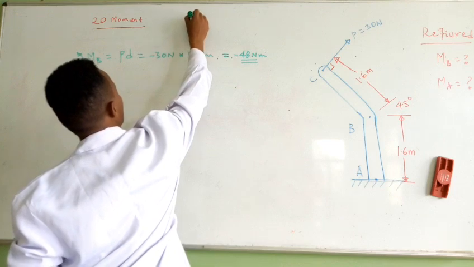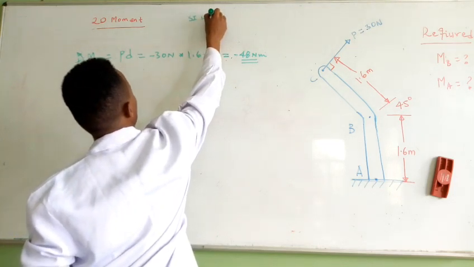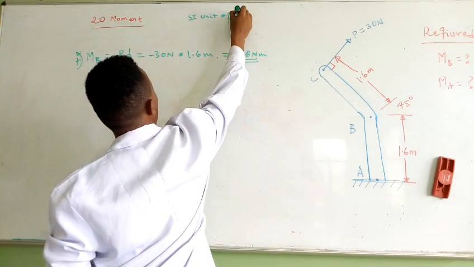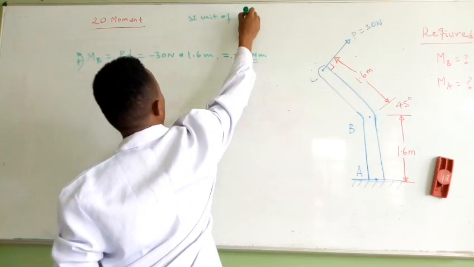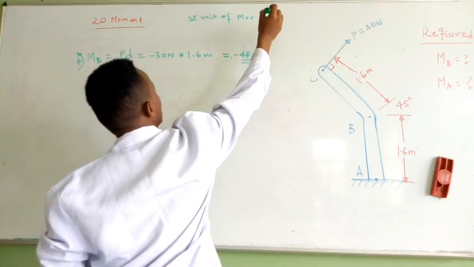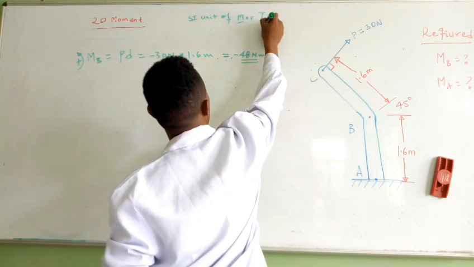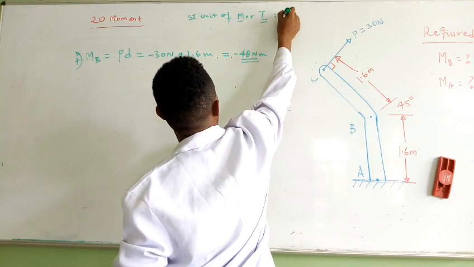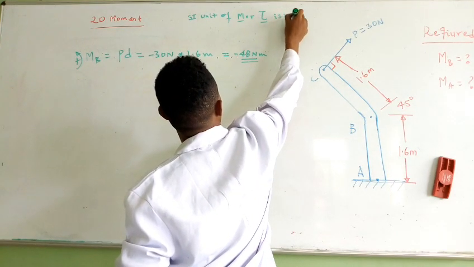The SI unit of torque, M or T, the moment or torque, is Newton meter.